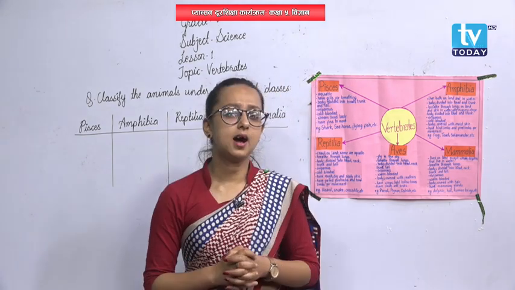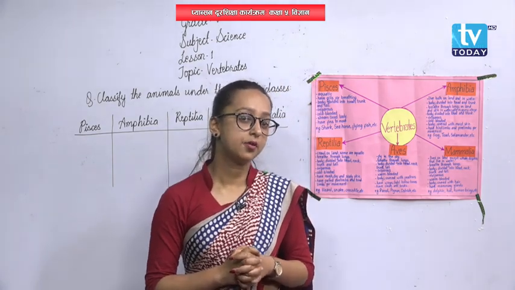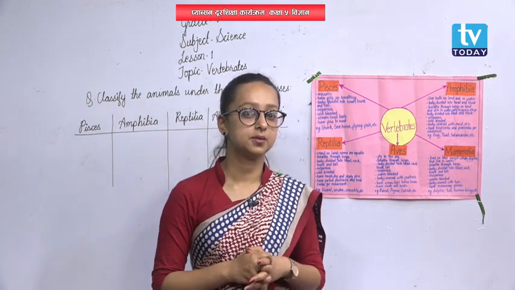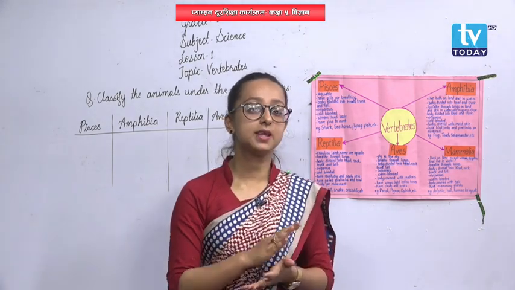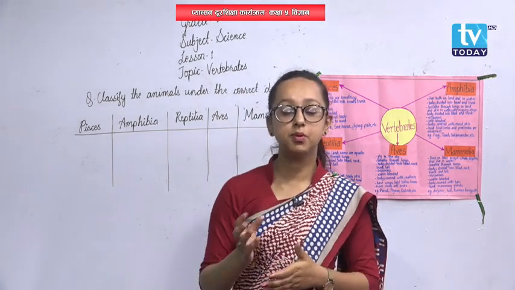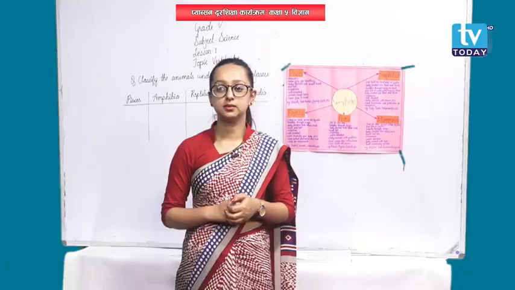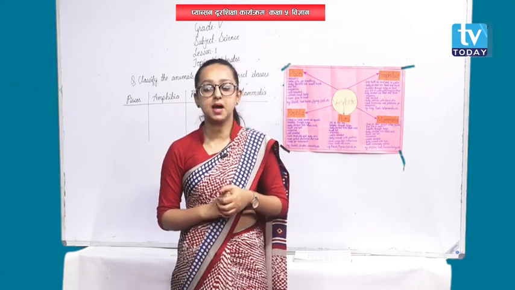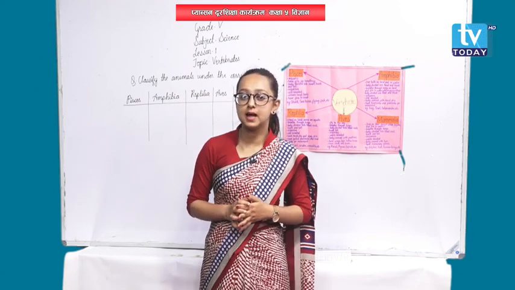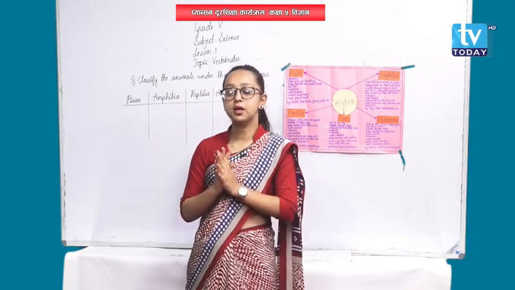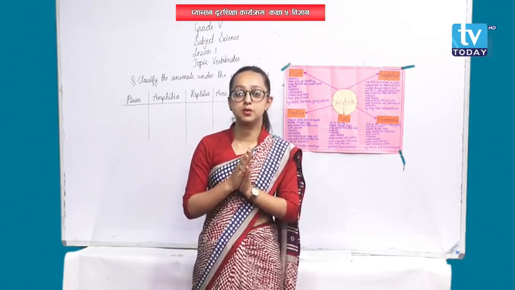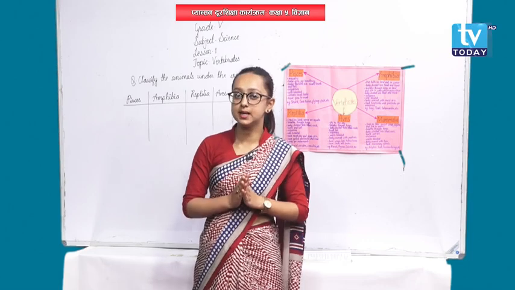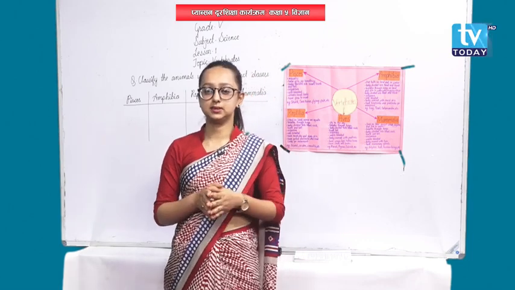And they are oviparous or viviparous. Whether they lay eggs or they give birth to the young ones directly. Mammals, if they have mammary glands, if they suckle milk to the young ones, then they also give birth to the young ones directly without laying eggs.